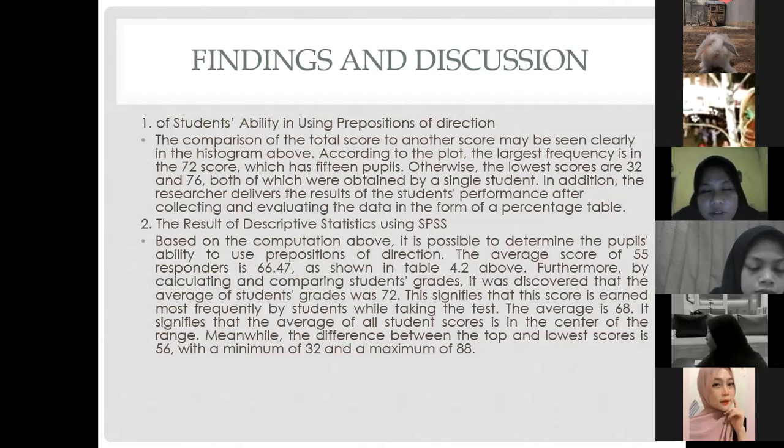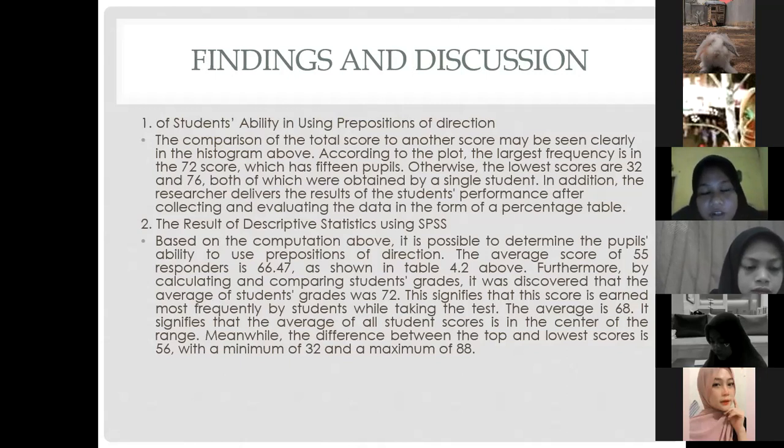Otherwise, the lowest scores are 32 and 70, were obtained by a single student. In addition, the researchers deliver the result of the students' performance after collecting and evaluating the data in the form of a percentage table. Number two, the result of descriptive statistic using SPSS.